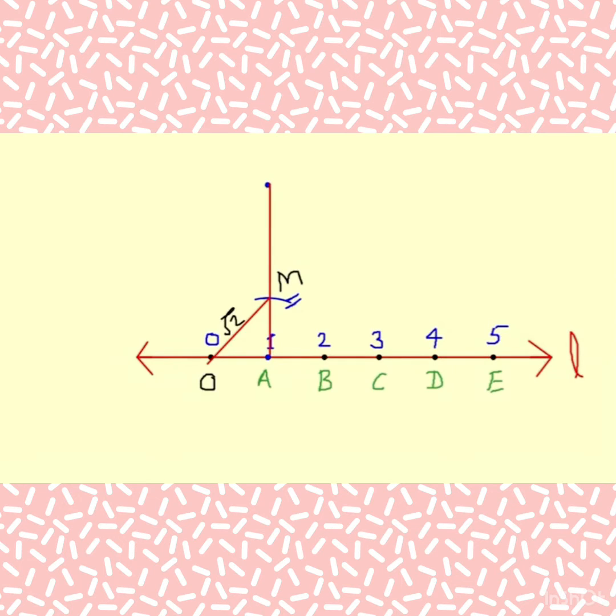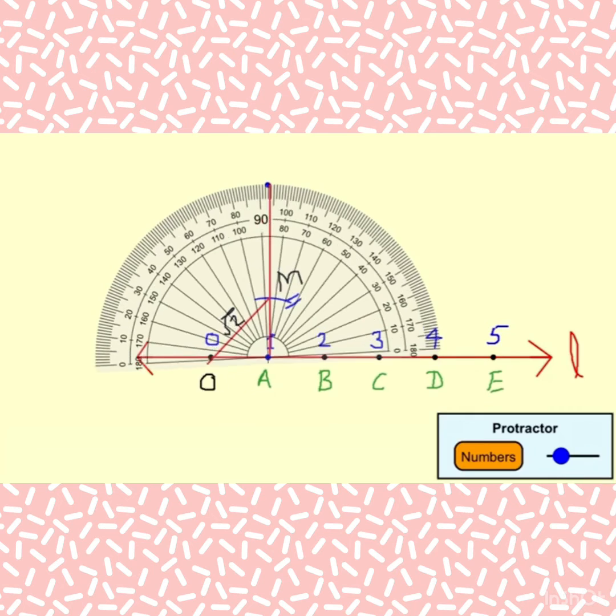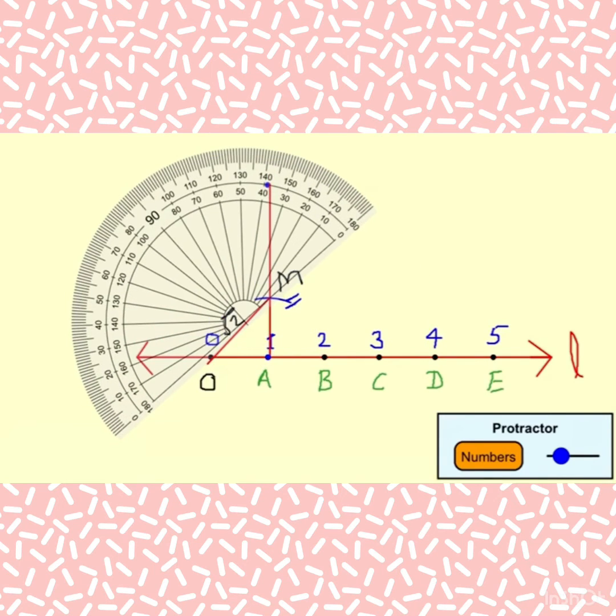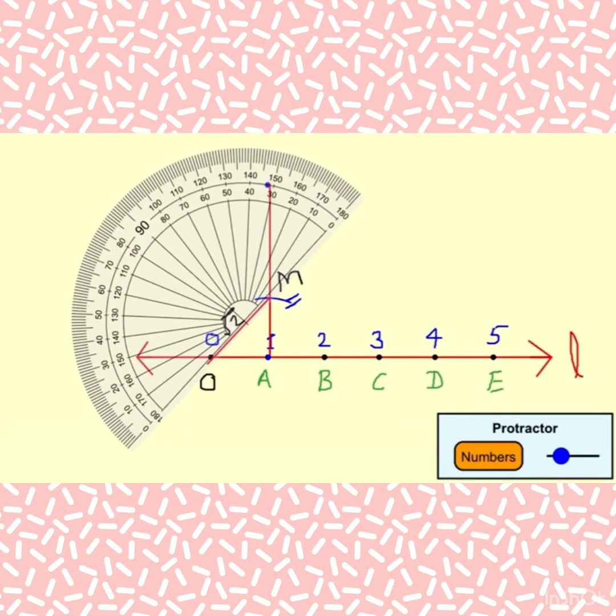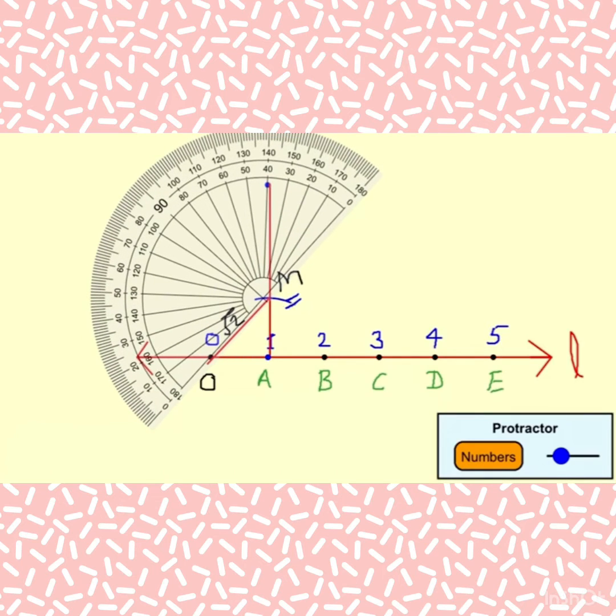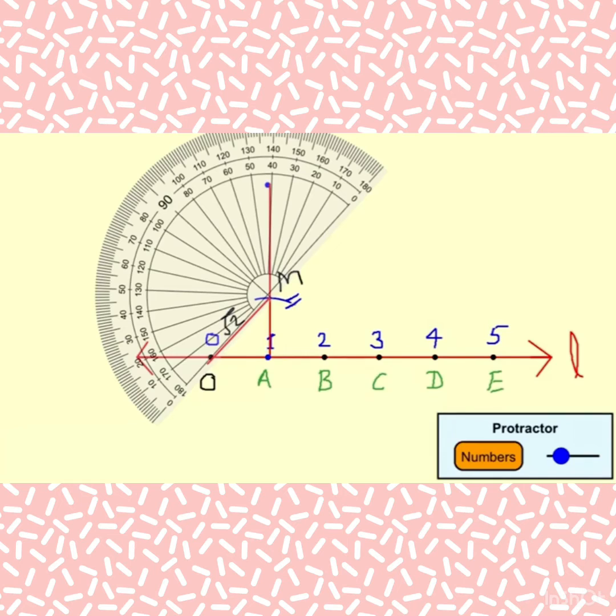So this is distance under root 2. Now what to do again? Again we will take the protractor and you will put it just like that on this line.